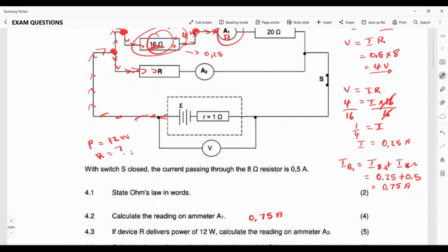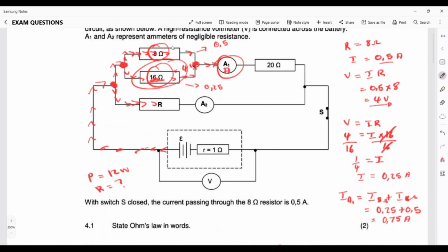One of the simple ways we can work with in a case like this is to find the parallel resistance, or the effective resistance, by using this formula: Rp is equal to 8 ohms multiplied by 16 ohms divided by 8 ohms plus 16 ohms.